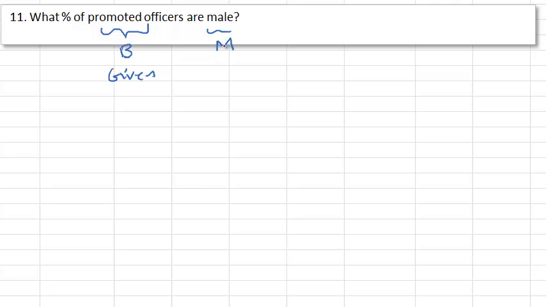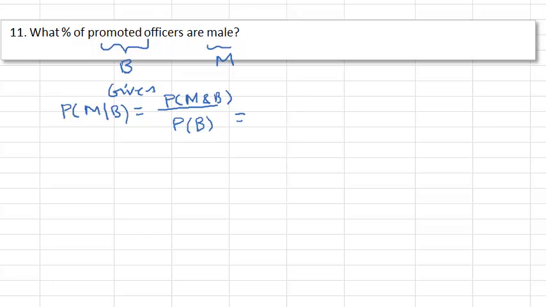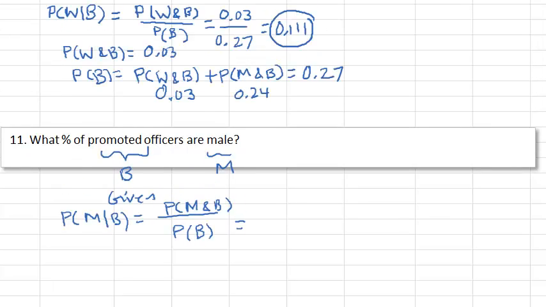We want the probability of male, so we would write it as P of M given B. Again, we can use the conditional probability formula, with M and B in the numerator and B in the denominator. Now we have these results from before. P of M and B was 0.24, and P of B was 0.27.